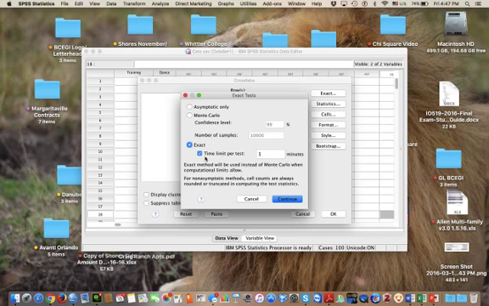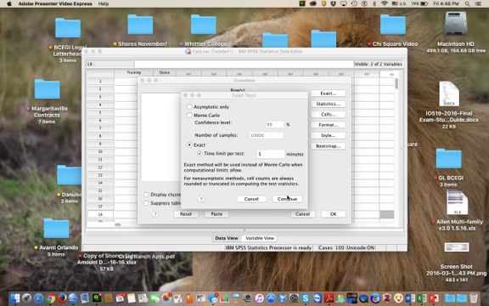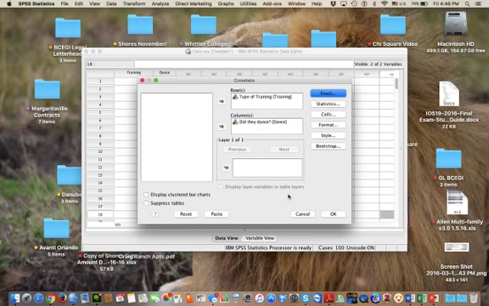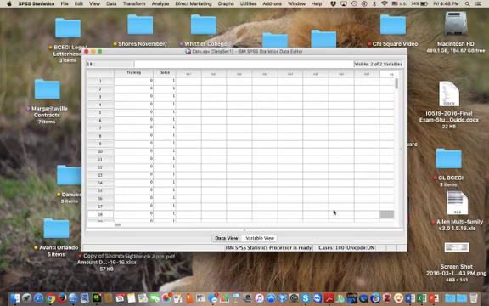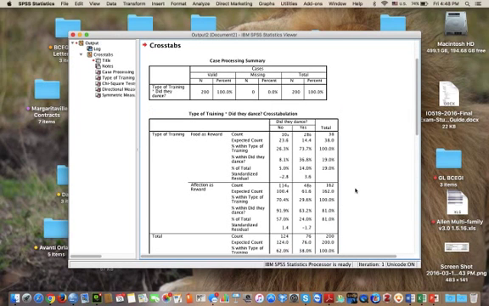We want to do an exact time per test of 5 minutes. And here we go. We're going to run continue and OK. And there we go. Yahoo! Exciting. Here's our crosstabs output.